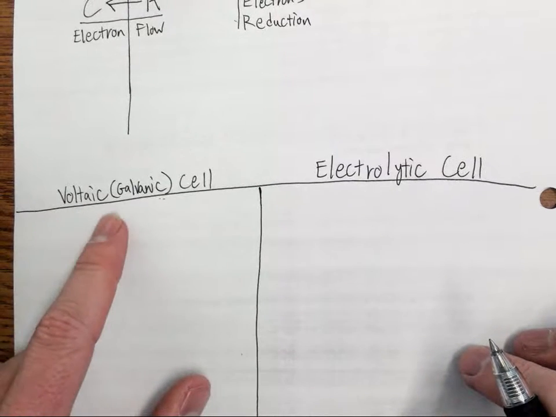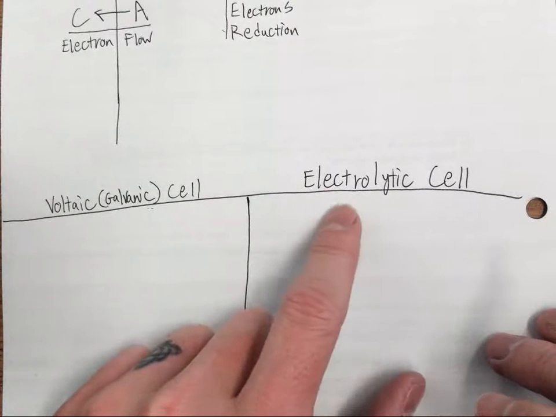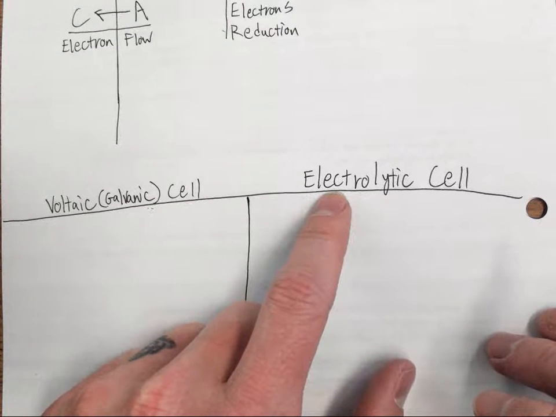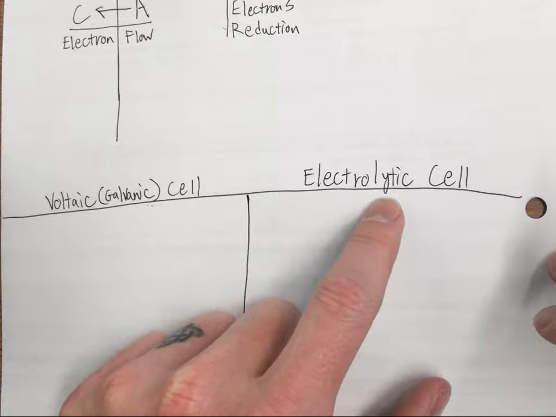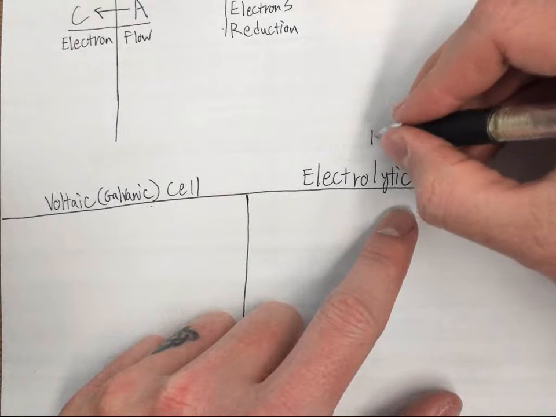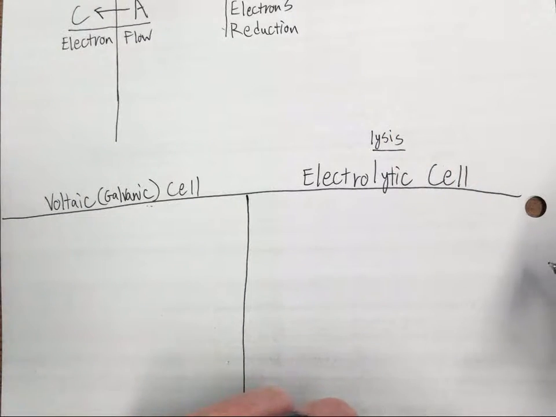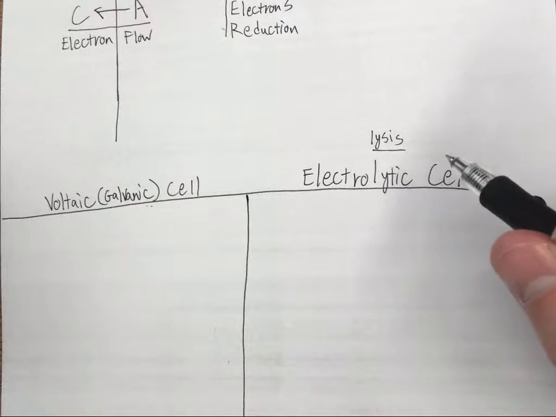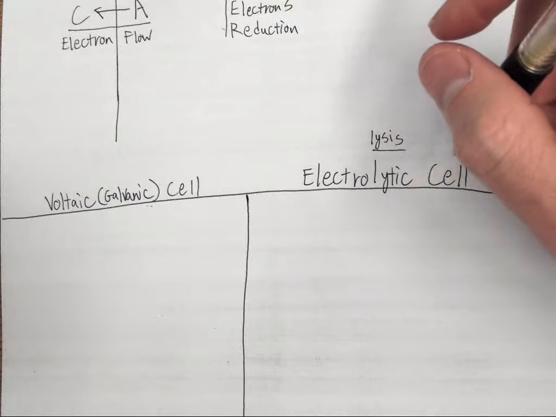Now we have voltaic cell with volts, right? We've got electrolytic cell. Now electro, we can break down to electricity. We kind of know what that is. Now where have we seen lytic before? Where have we seen maybe even lysis? Maybe that'll ring a bell. So lysis, where have you seen things lyse?